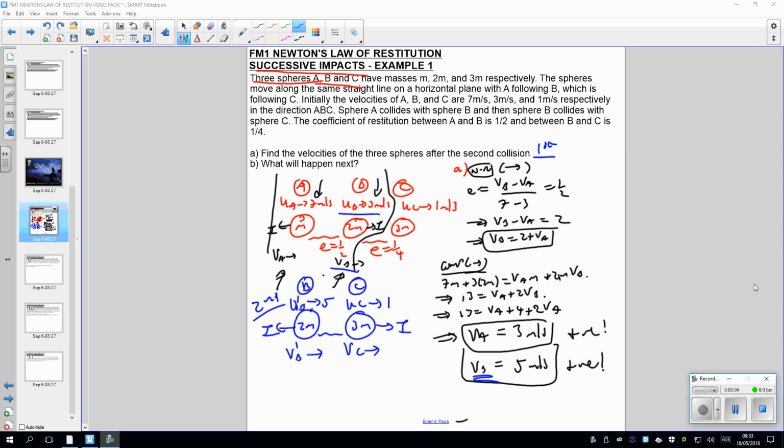Impulse in there, and we know E is a quarter. So same process, folks. Newton's law of restitution: E is a quarter. VC must be faster this time than VB dash, and 5 and 1 are going in the same direction, so the difference is 4.